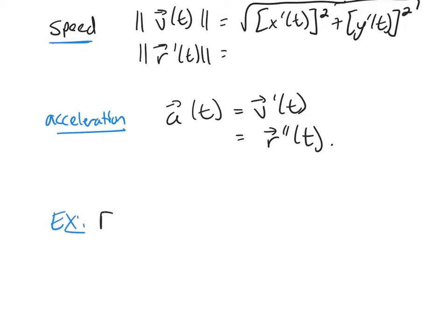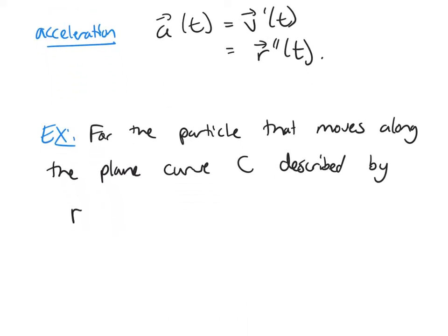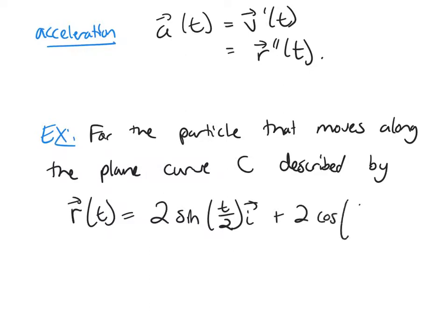Example, let's say I have a particle that moves along the plane curve C, described by r of t equals 2 sine of t over 2 i plus 2 cosine of t over 2 j.